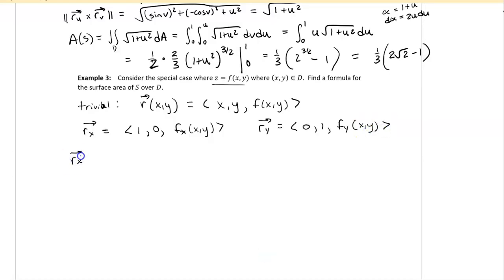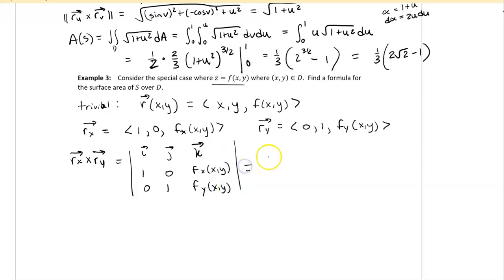Taking the cross product of this, I will note right here that this is something you can memorize, because this pops up frequently enough that if you just want to memorize the setup, you don't have to write the determinant over and over again. That is going to be 0 minus the partial of f with respect to x.